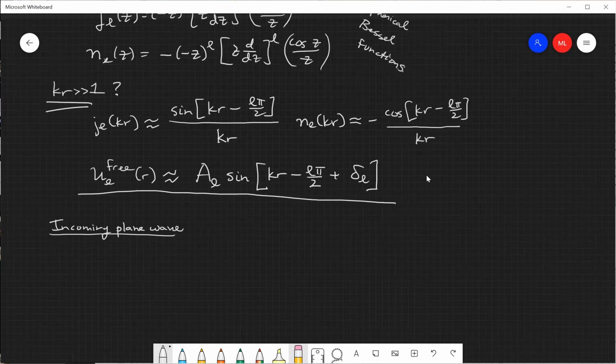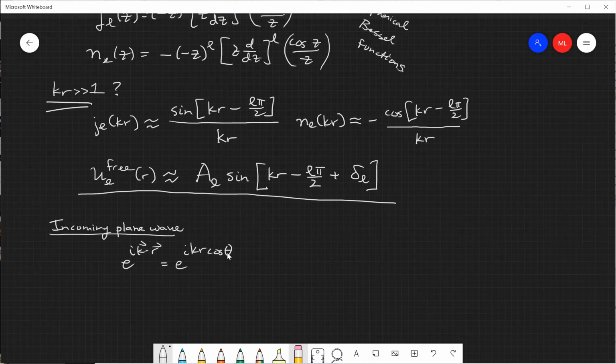And the incoming plane wave is going to be e to the i k dot r. Again, k is along the z-axis, so this is e to the i k r cosine theta. And this has an expansion in terms of Bessel functions.